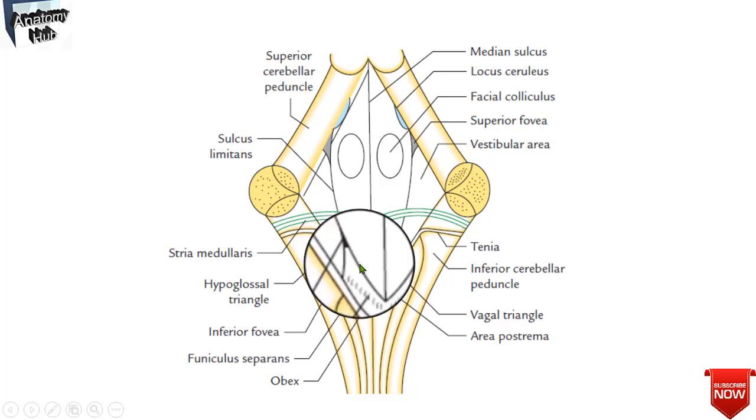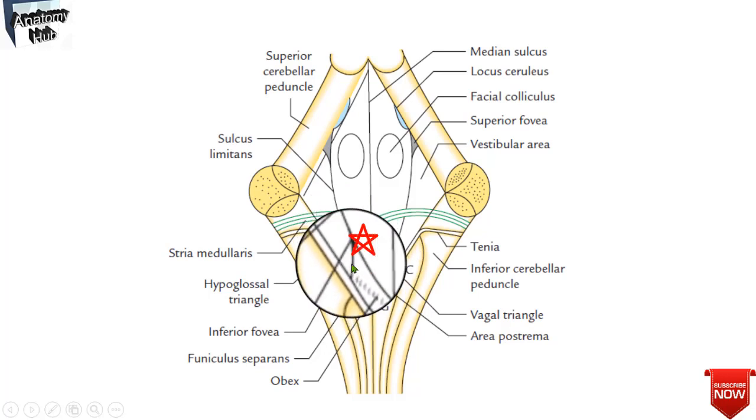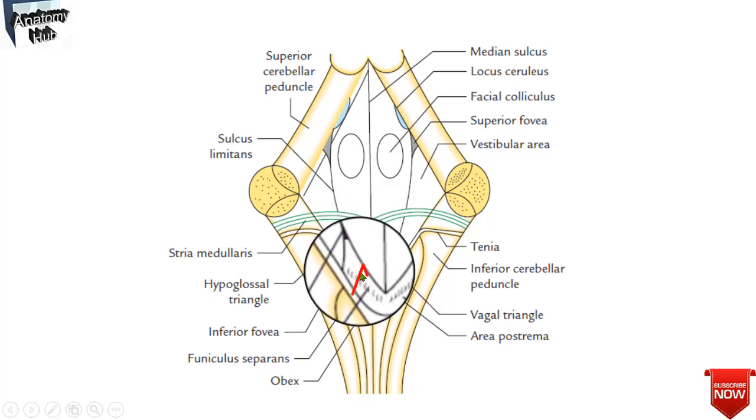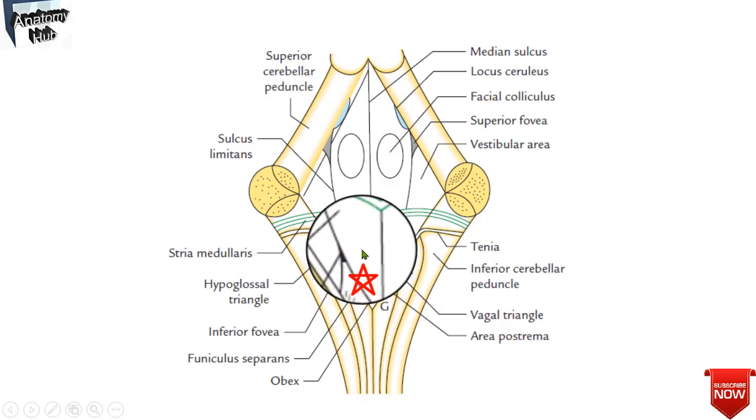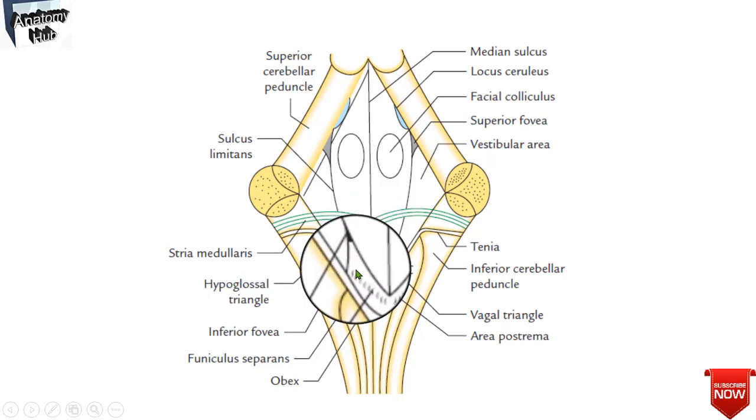These are the hypoglossal triangle and the vagal triangle. The hypoglossal triangle will be medial and the vagal triangle will be lateral.